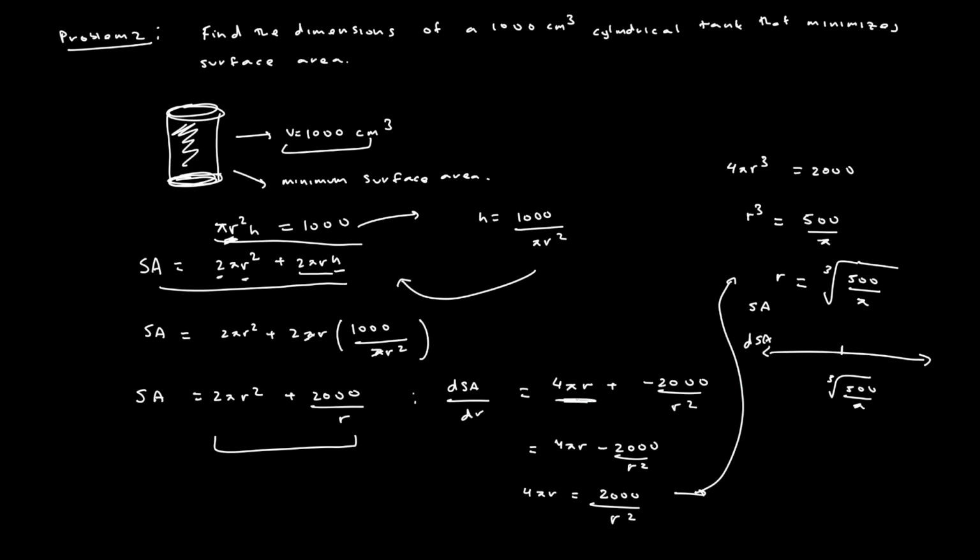We get 4 pi and negative 2,000, right? And so it's negative. And then when r becomes greater, like we can take r towards infinity, then this becomes like 0, and this is a positive value, right?